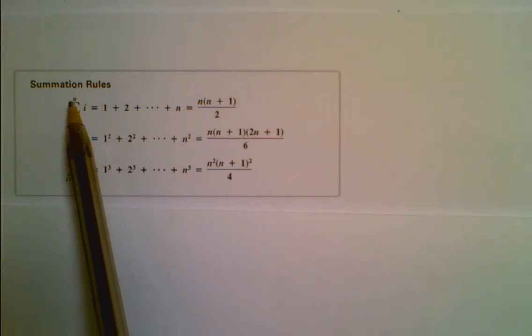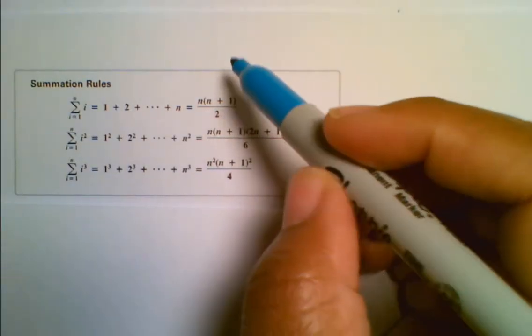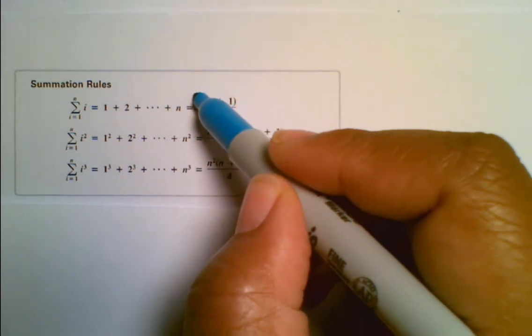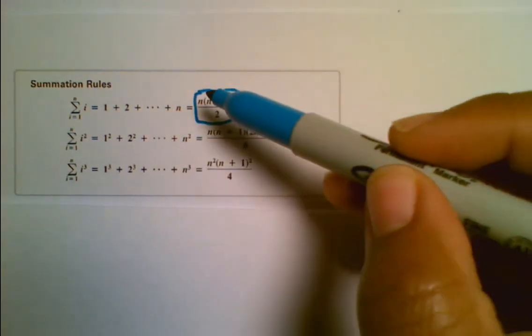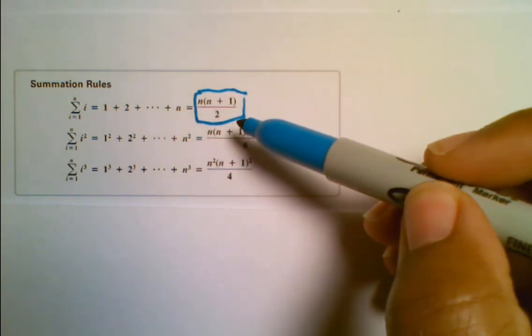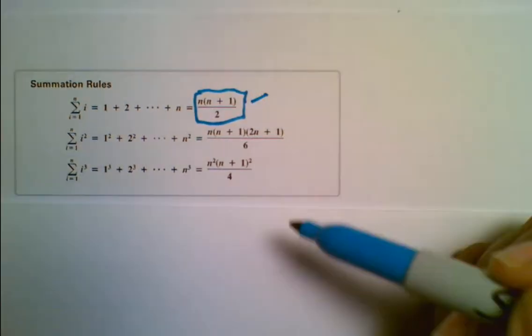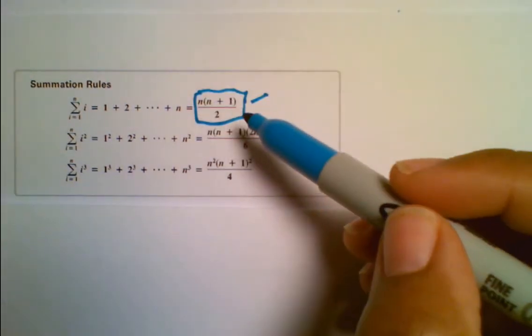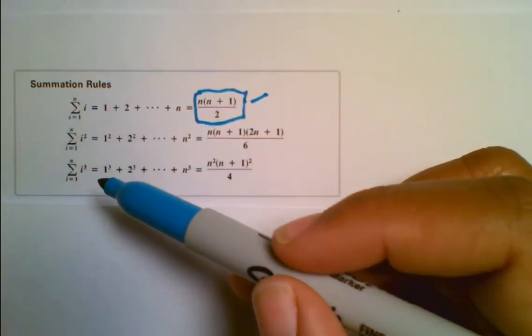Well, we don't know what n is, so this summation is equal to n times n plus 1 all over 2. So yes, you will have to know the formulas, the rules for the summation, as well as the properties.